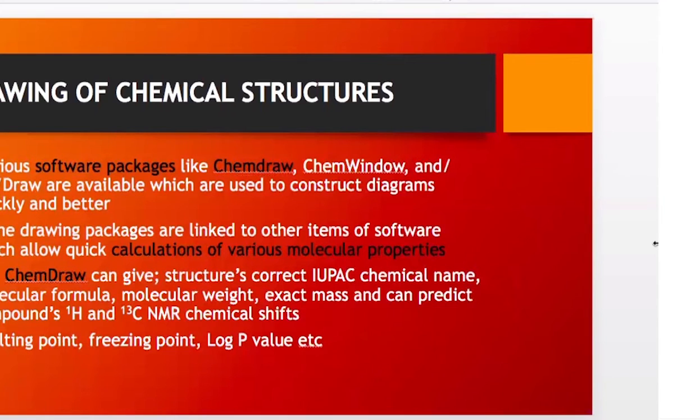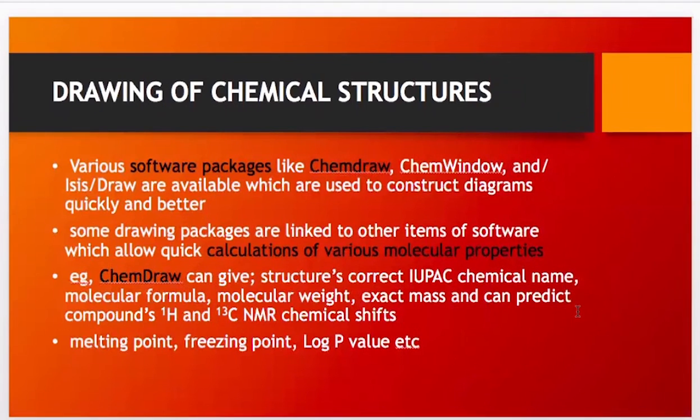All right. So ChemDraw is a very, very friendly software which is used to draw these different compounds. Once you draw your structure, it will give you the chemical name of the compound.